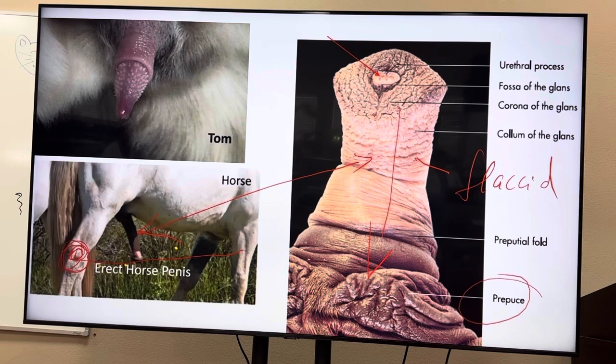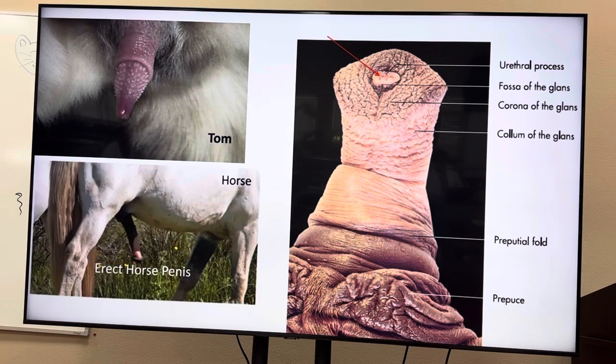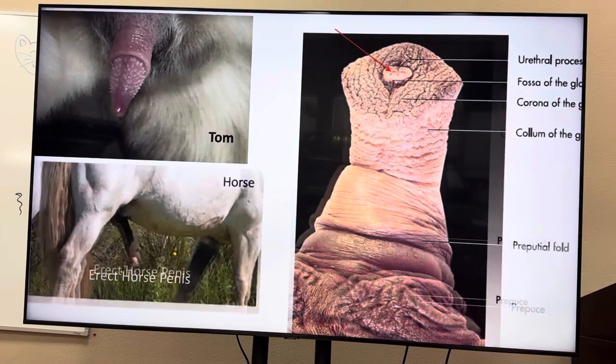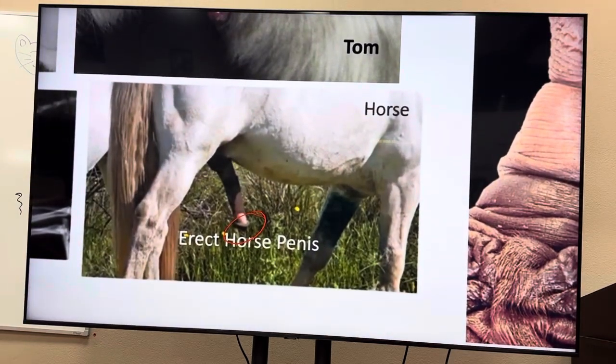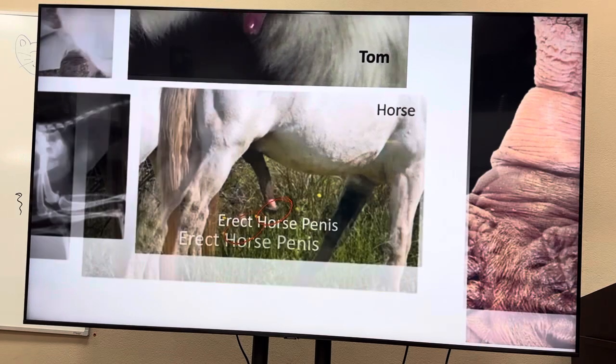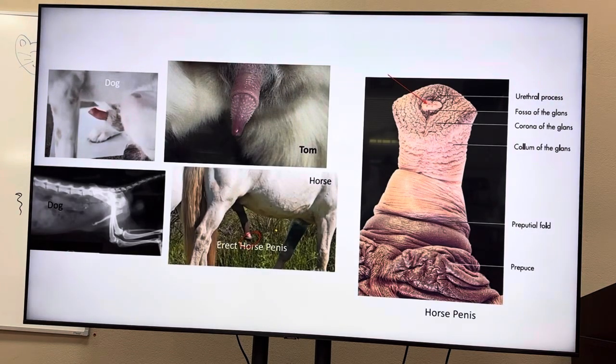So this has the glans penis here. Maybe we should get a better picture that shows what the head looks like.